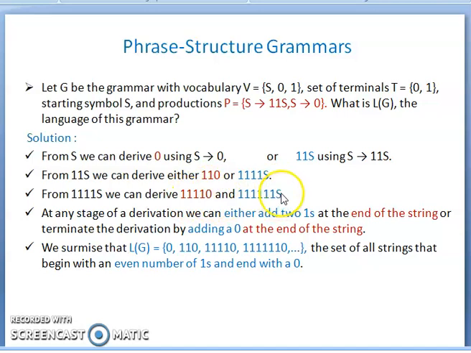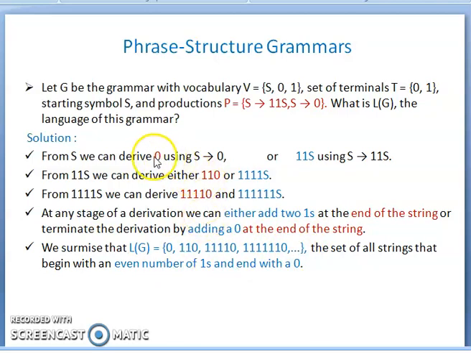Now again you substitute 0 in place of S, you will get six 1s and 0, and with six 1s and two more 1s and S, that means eight 1s and S. Again for those eight 1s and S, we use 0 or double 1s. Like that, this will continue.